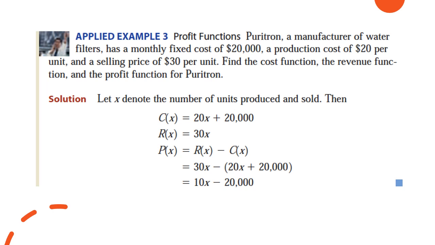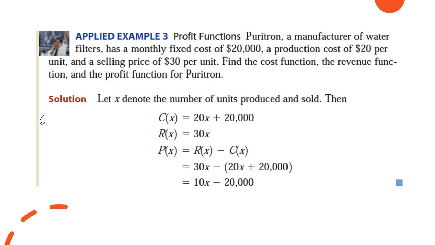Now we have an example here, profit function, Puritron. A manufacturer of water filters has a monthly fixed cost of $20,000, a production cost of $20 per unit, and a selling price of $30 per unit. Find the cost function, the revenue function, and the profit function for Puritron.